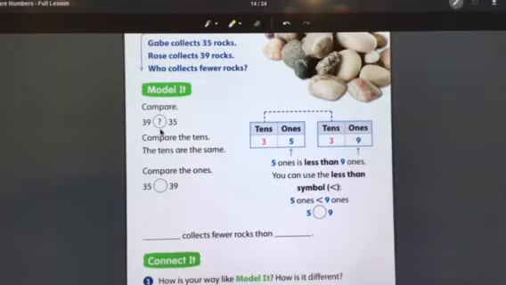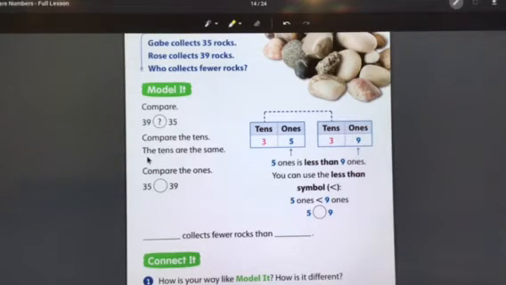Today we're going to be using the symbols greater than and less than, but we need to remember to have the open part facing the greater number and the less than part facing the number that is less than. So we're going to compare the tens just like we did on the other page. There are 3 tens and 3 tens in both numbers.